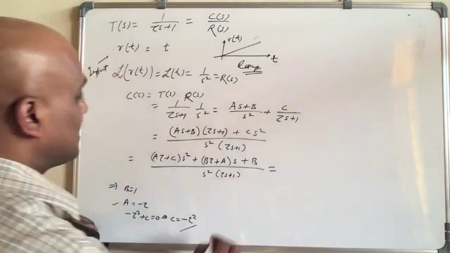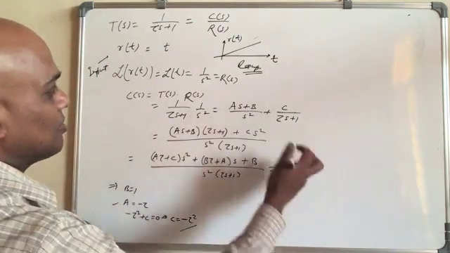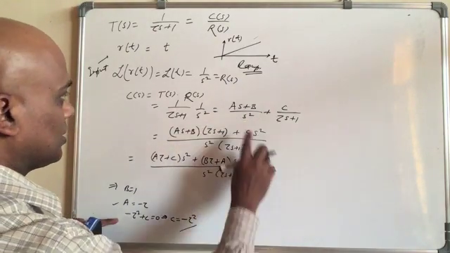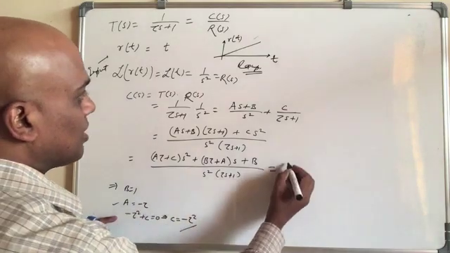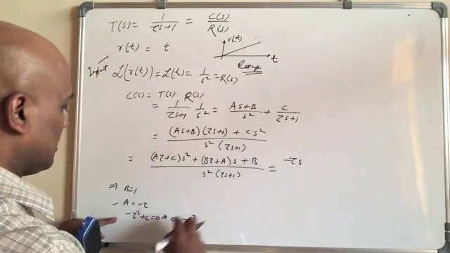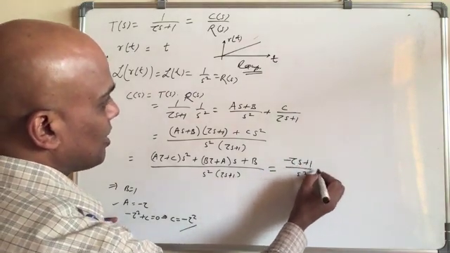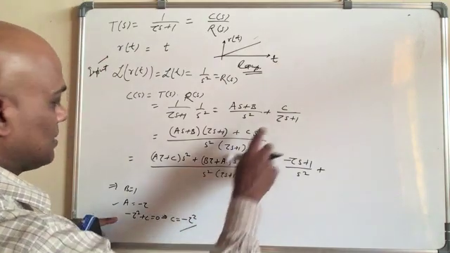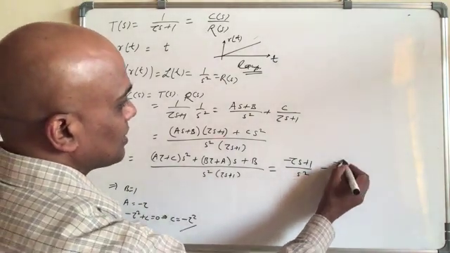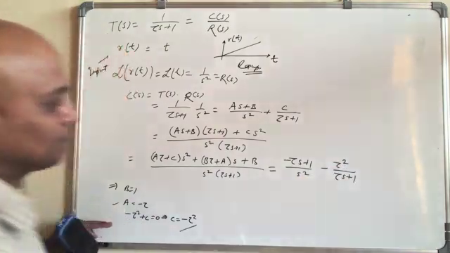So basically what we get is A, which is equal to minus tau, so minus tau s plus 1 over s square, plus C, which is minus tau square, so minus tau square over tau s plus 1.